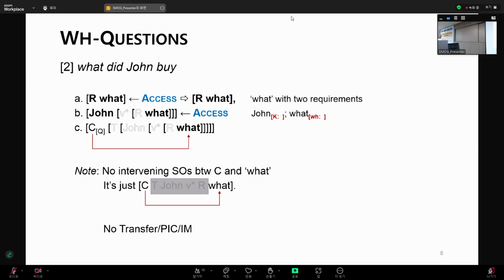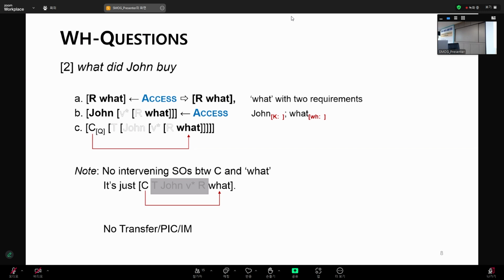One is case related, and the other is a property related to its being an operator. Whether you call it a wh feature or a Q feature, the exact nature of the uninterpreted features doesn't quite matter in my analysis. What matters is whether what has an additional requirement to be met. So it has two requirements.